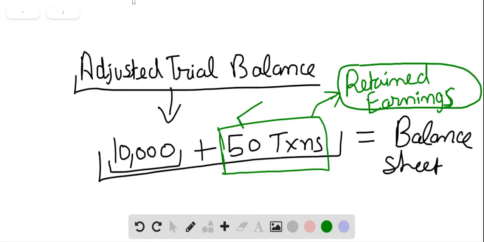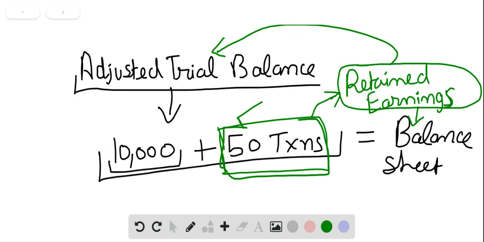So now what we have is that the balance of retained earnings on the adjusted trial balance and the balance sheet will be different. Why is that so? Because the 50 transactions will have a combined effect on retained earnings, and that is why we have a different balance of retained earnings on the adjusted trial balance and a different balance on the balance sheet.